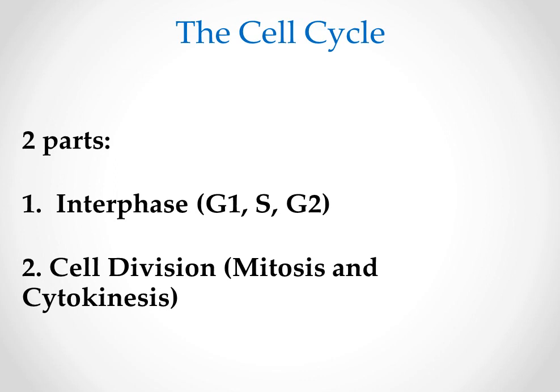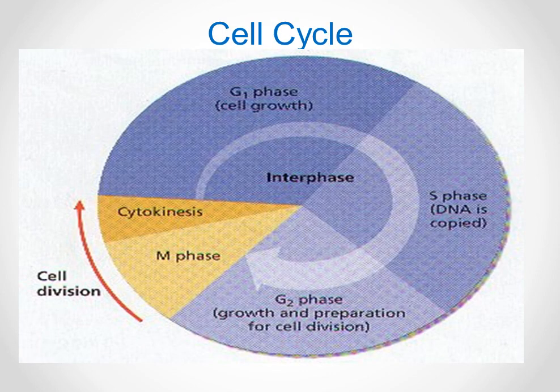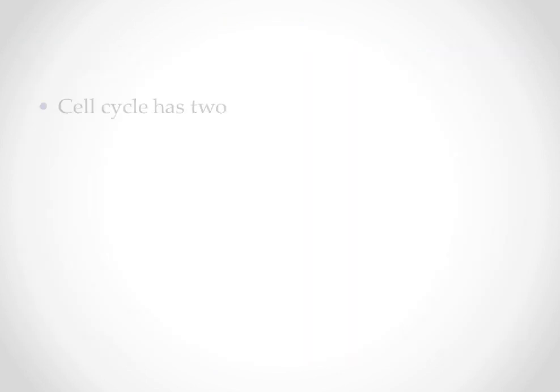So there's 2 parts. There's interphase that has G1. So if we look, which out of those 3 phases is the largest, or the longest? Interphase, all the blue, right? G1, which is cell.